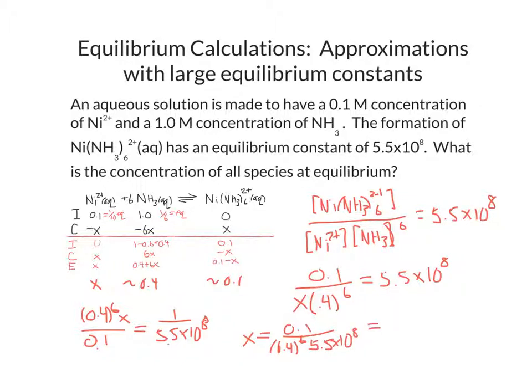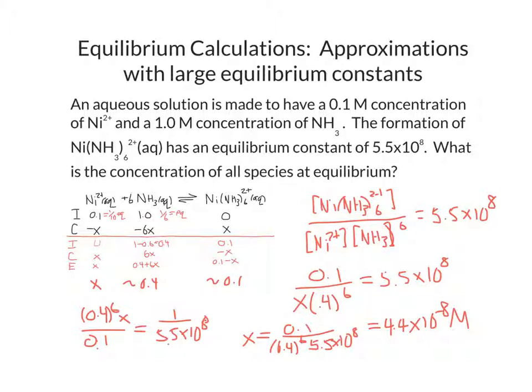And that gives me 4.4 times 10 to the minus 8 molar. And so we can see that our approximation that X was very small compared to 0.4 or 0.1 was correct.